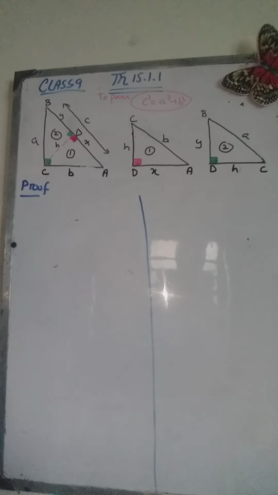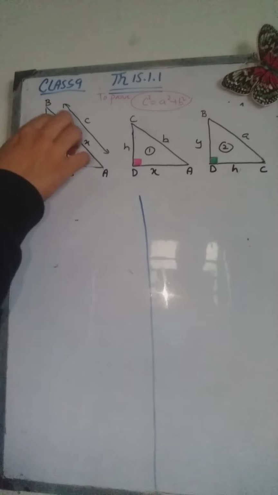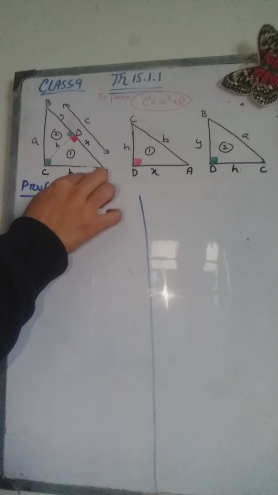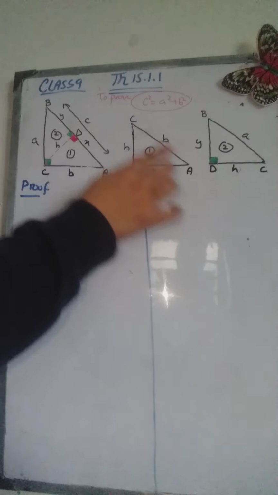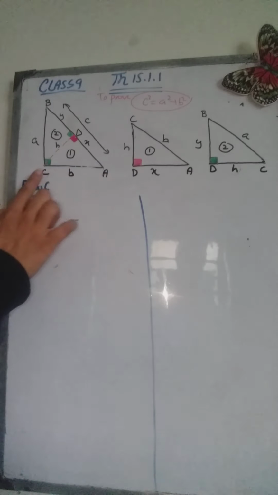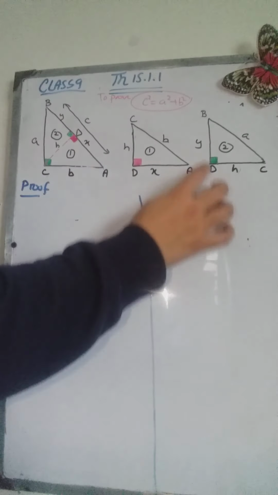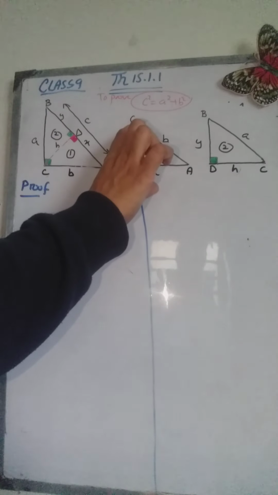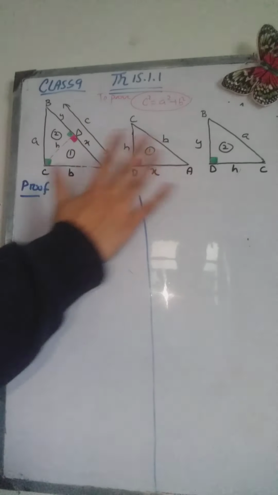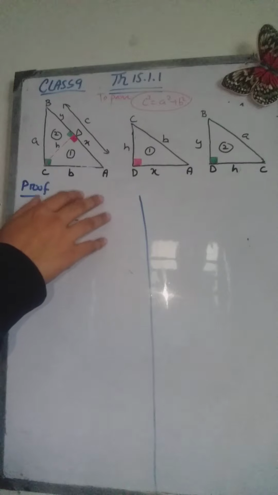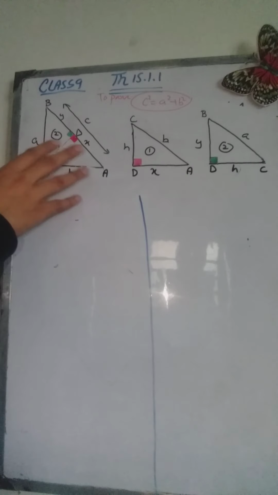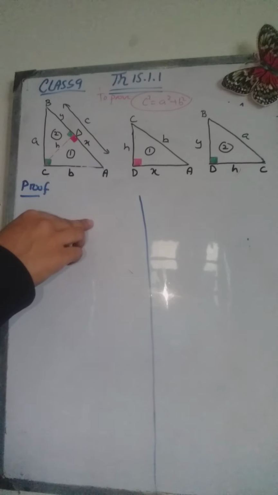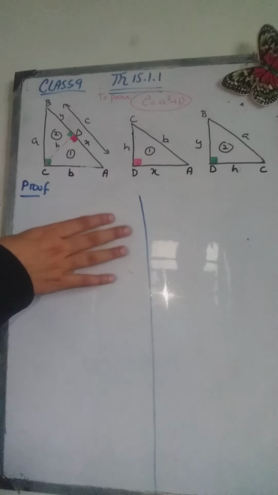Now I am going to compare triangle ACB with triangle ADC first, and then I am going to compare ACB with triangle CDB. I will prove them similar, and then in each case we are going to use theorem 14.1.4. Theorem 14.1.4 is about the similarity of triangles, which tells us that if two triangles are similar, their sides are proportional.